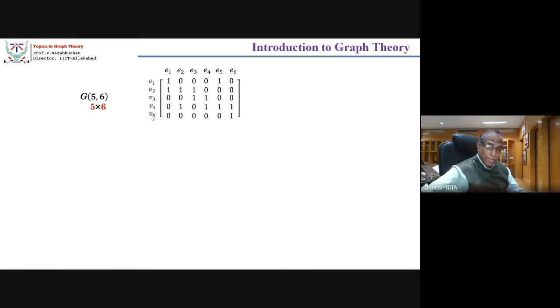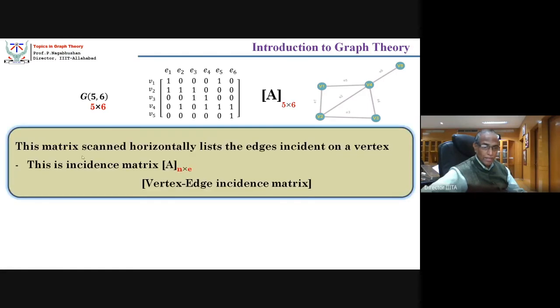Now, what have we considered here? The edges incident on a vertex. Therefore, this is called an incidence matrix and is represented as A. A stands for incidence matrix. You remember I scanned this matrix horizontally, right?